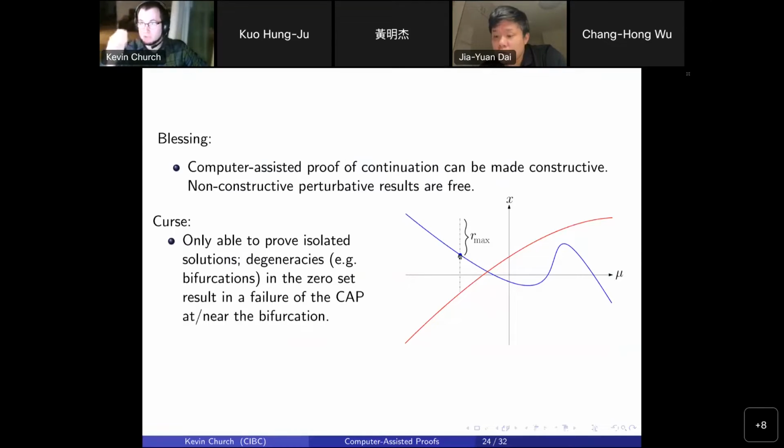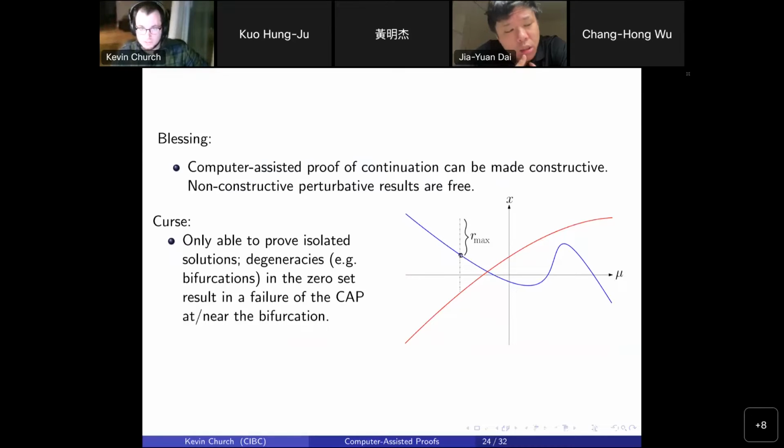And in principle, the largest radius we can have is going to be the distance between one zero and the next closest one. So in this case, it's this distance R max. Now, in principle, when we do a computer-assisted proof, we're never going to be able to actually get a proof at R max. It's just not going to work. We'll have to have something a bit smaller.